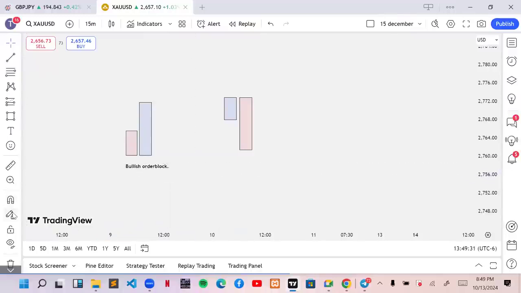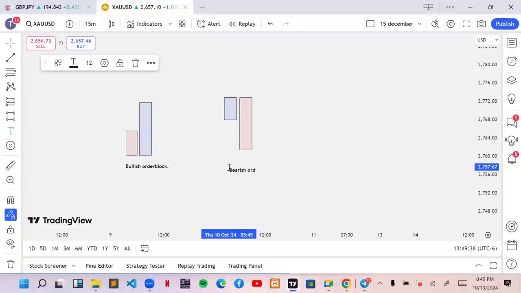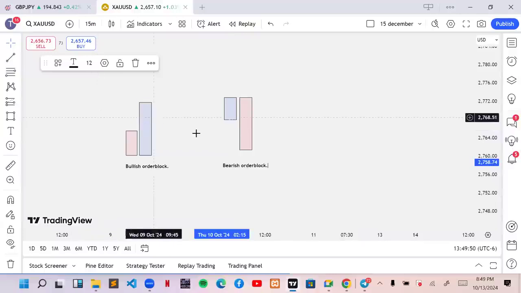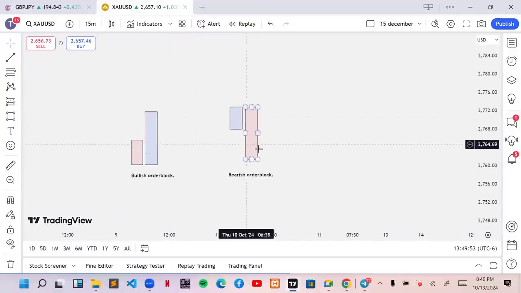So, bullish order block and then bearish order block. Bullish order block is when you're looking for buys in the market, and the bearish order block is when you're looking for sells in the market.